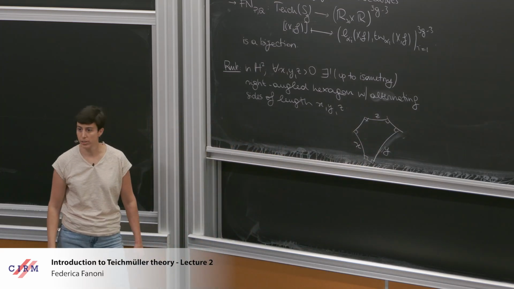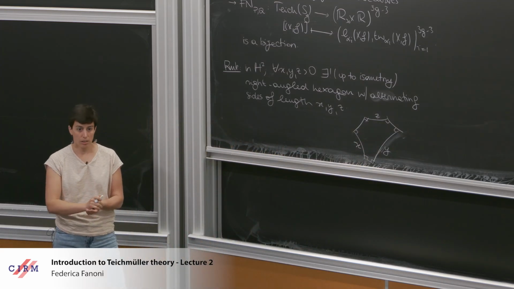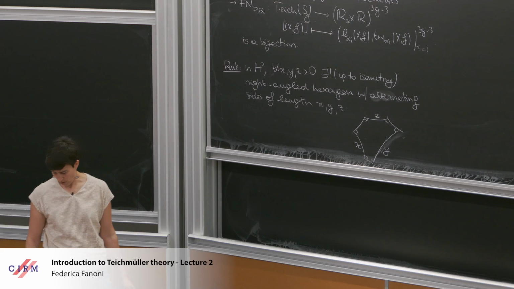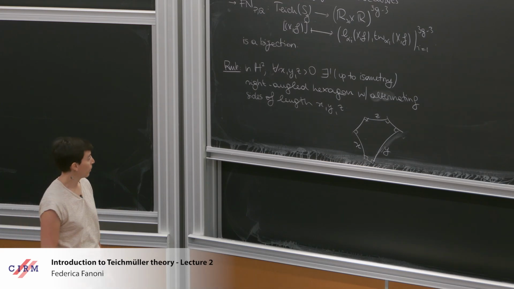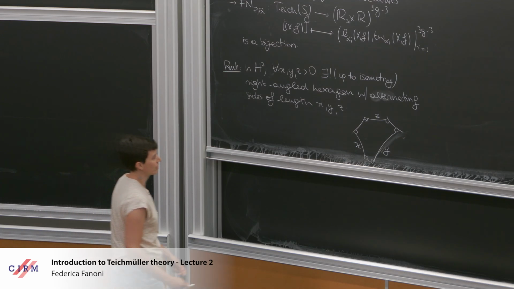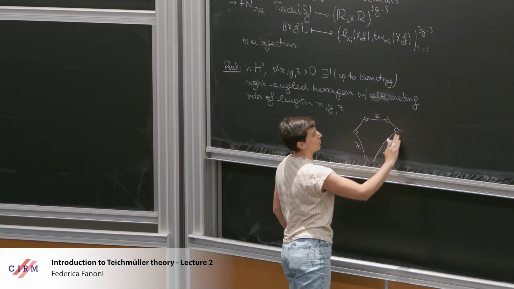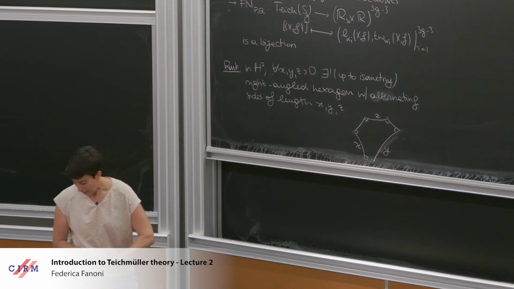So if I give you these three numbers, there exists a unique hexagon. It's something that one can show. It's not hard, but it might be a little tedious.